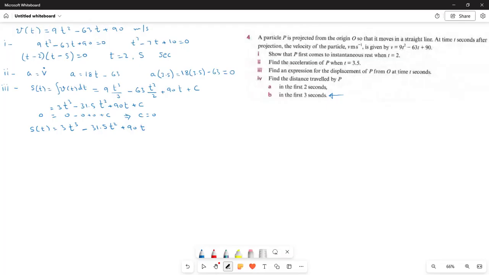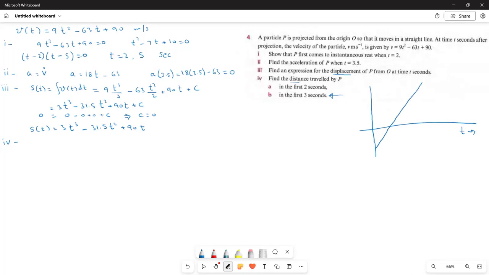Now the fourth part is a bit challenging. Find the distance traveled by P. Now, there is a difference between distance and displacement. Let me give you the bigger picture of what's happening right now. If I try to plot the acceleration, which is given by 18t minus 63, it is a straight line, something like this.